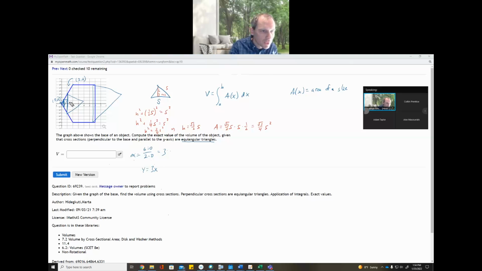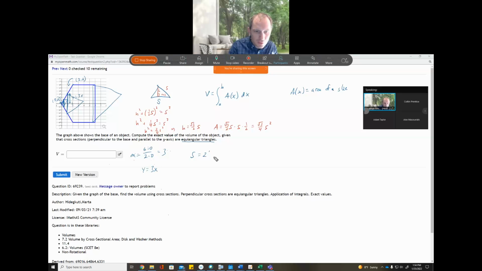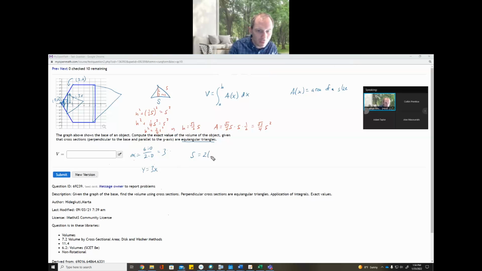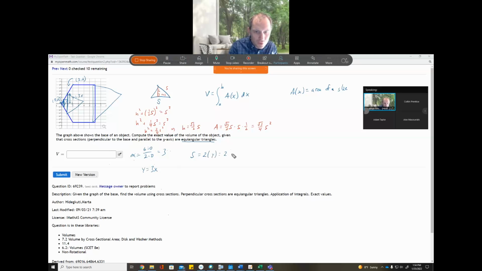So this y height here is 3x, and the side is going to be double that. So that side of our triangle is 2 times my y value, which is 2 times 3x, or 6x.